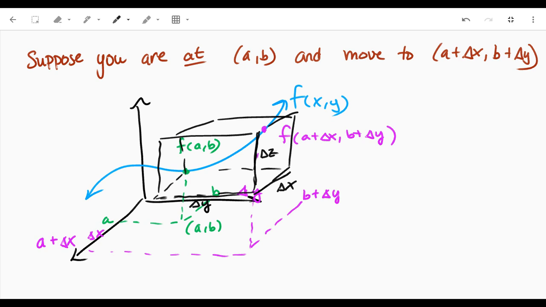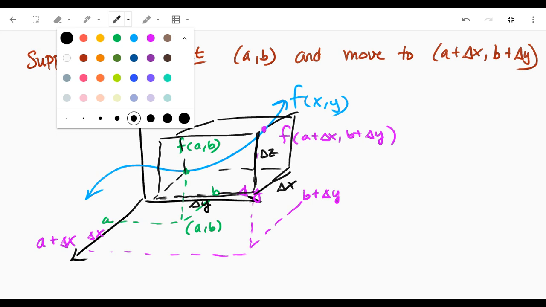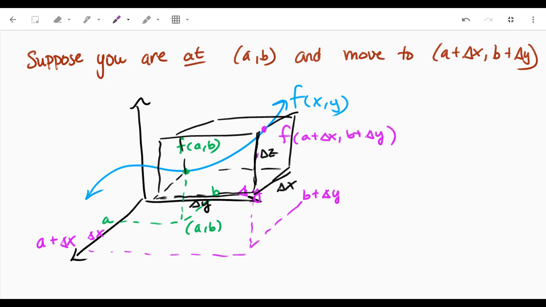So let me write something here. If z equals f of x y, so just that function, okay.